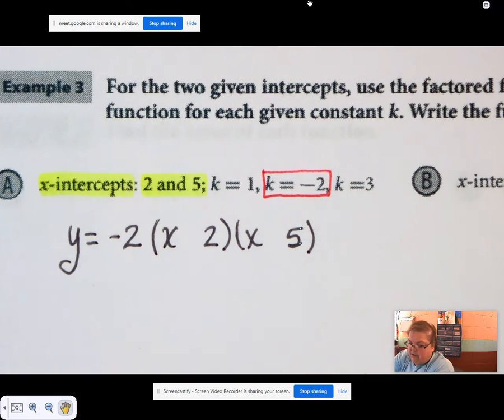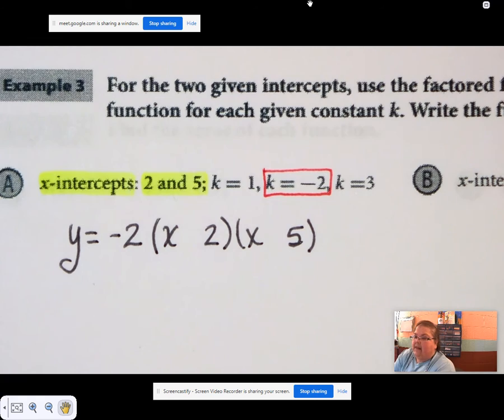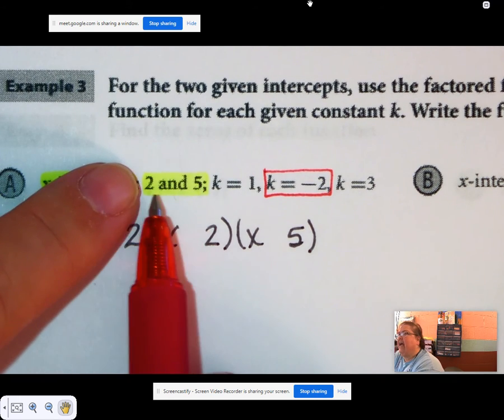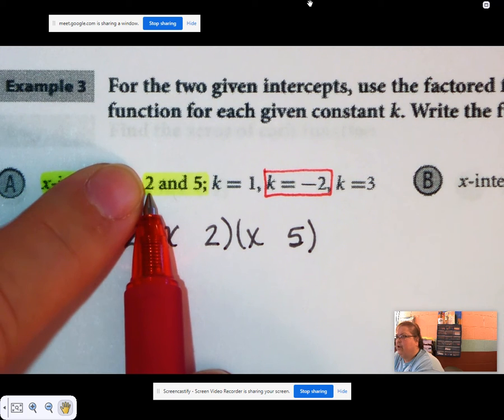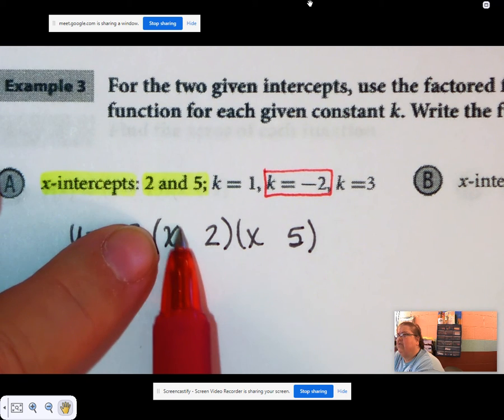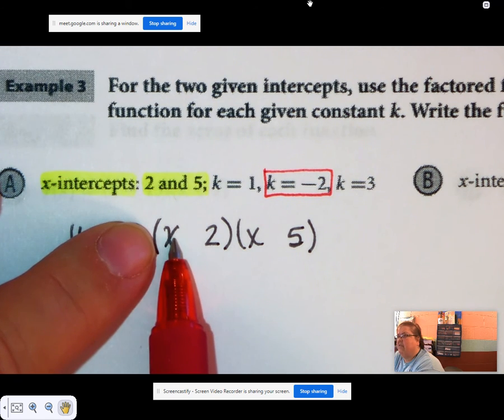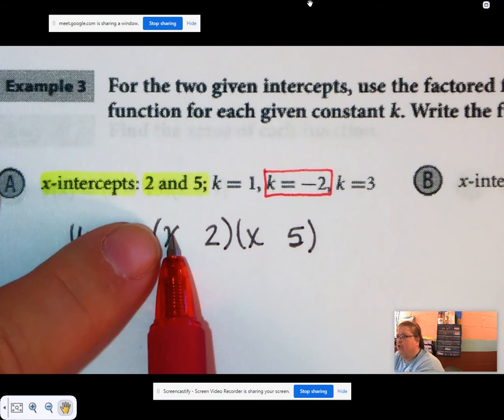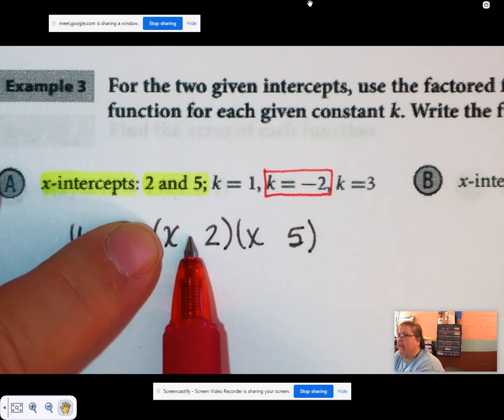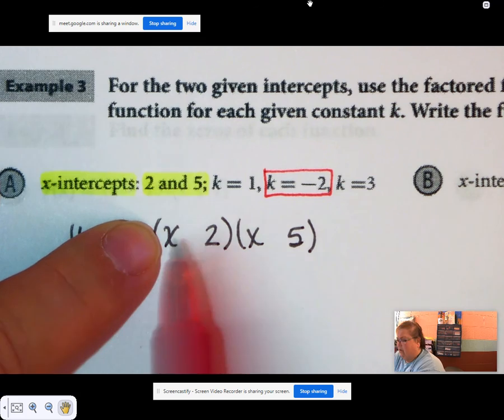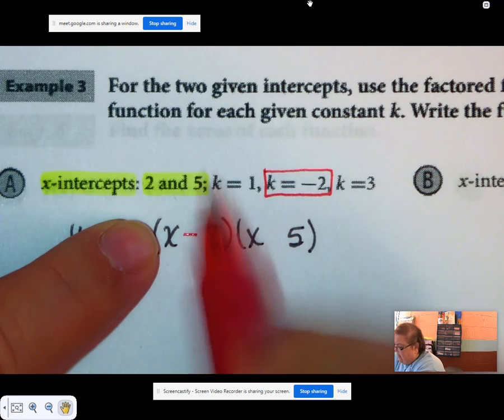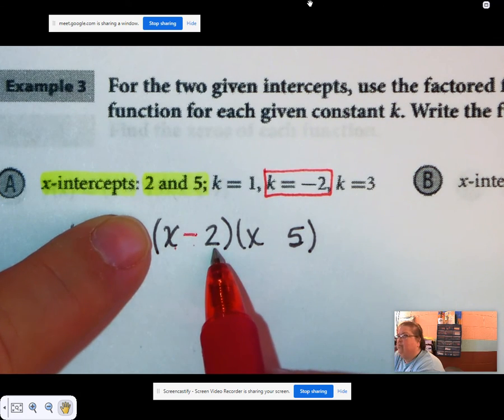So I know that they're going to go there. The reason I can go ahead and write them is because this 2 is the intercept. It's the x. So if this is 2, what operation do I need in order to make this a 0? Minus. 2 minus 2 is 0.